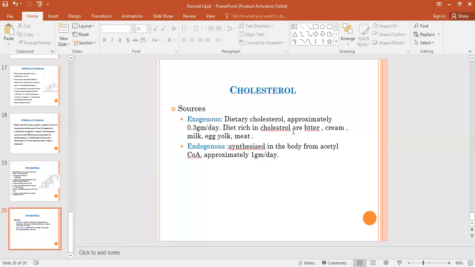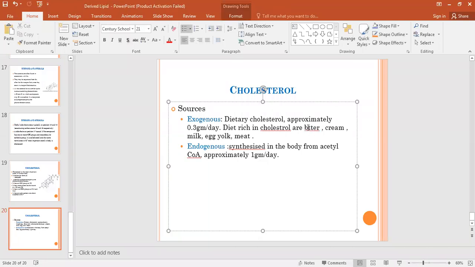Foods rich in cholesterol are butter, cream, milk, egg yolk, and meat.